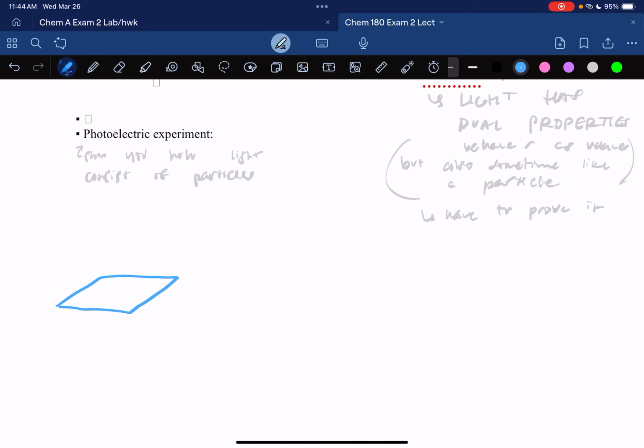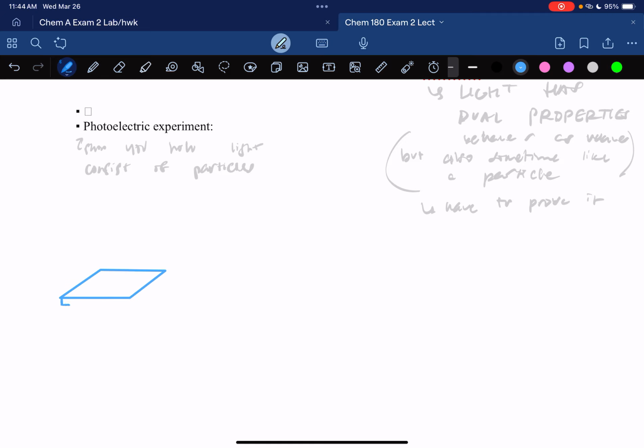I'll be able to see that electrons could get ejected out with the correct frequency, meaning the frequency has to be over a certain value.